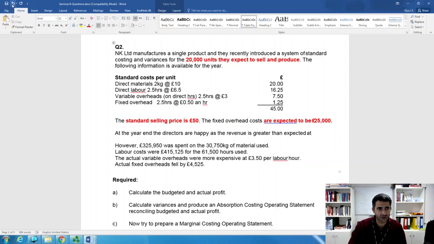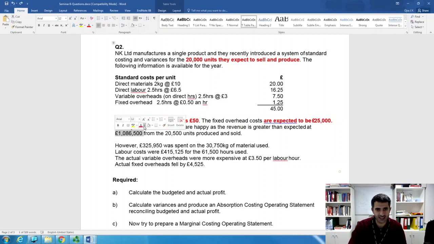That's the actual figure, the total sales, and the actual units produced and sold are 20,500 units.